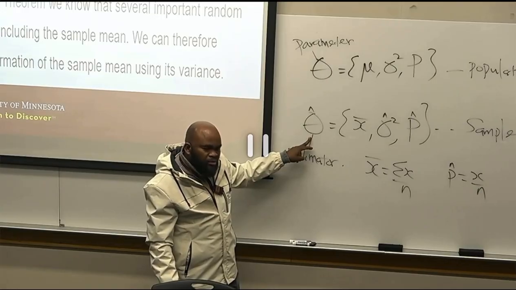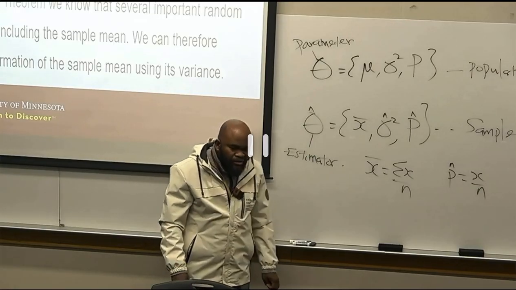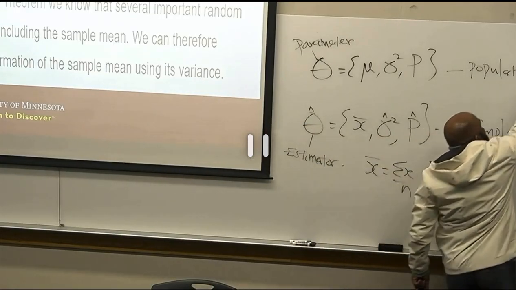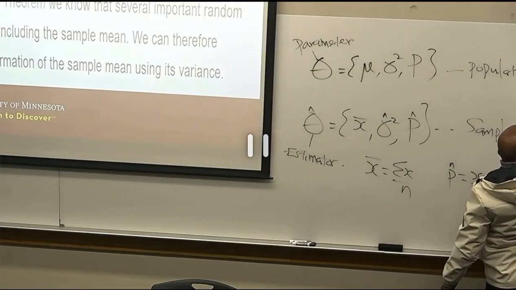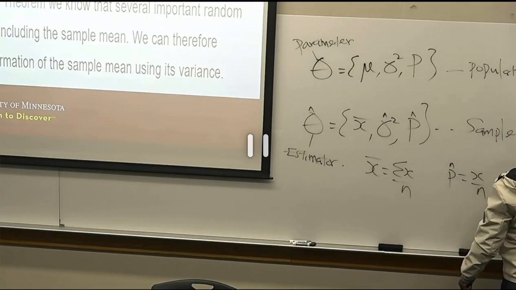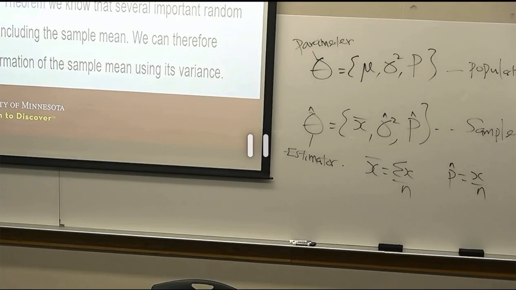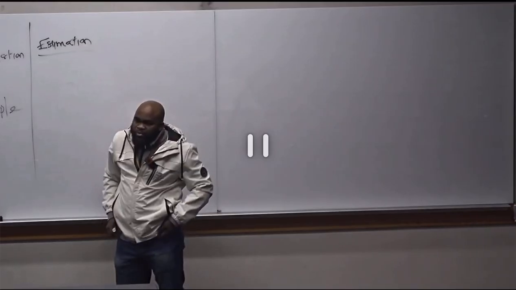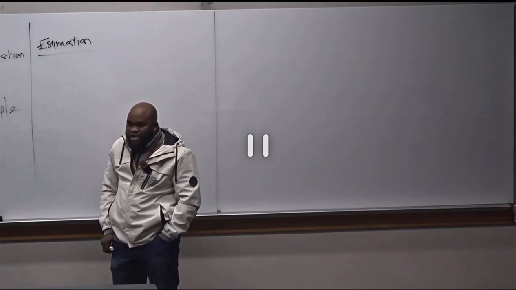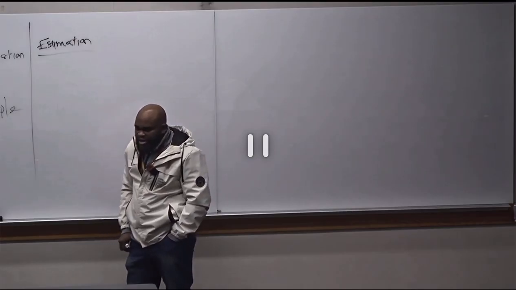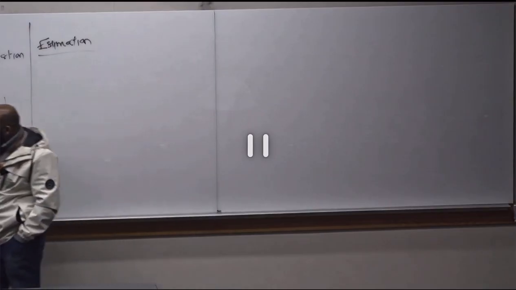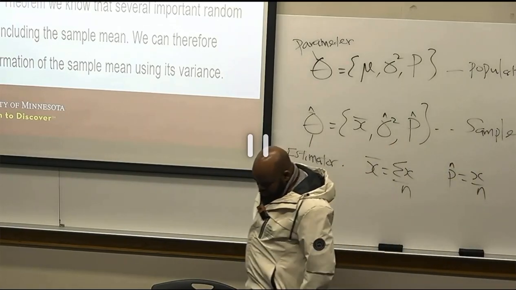Because of that, whenever a sample is involved, estimation is involved. Estimation is a process through which we get an unknown population parameter value through sample information. And the formula that we use is what we call an estimator. Now I want you to pay attention.